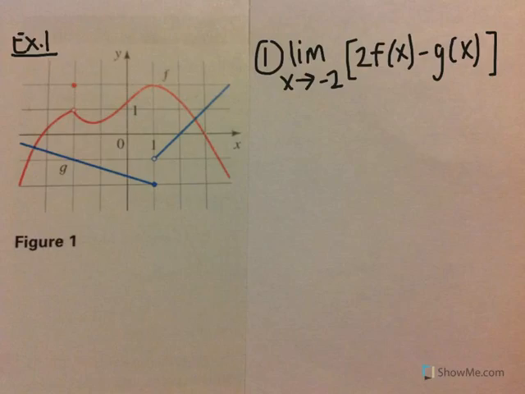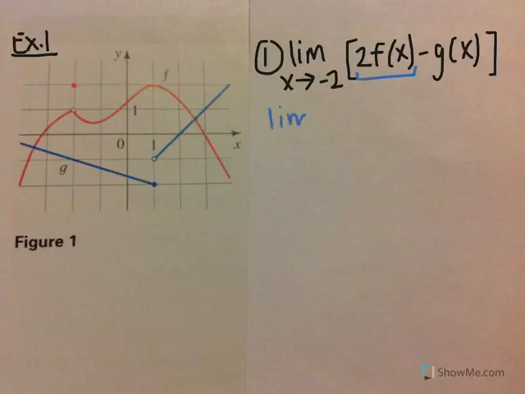So in this example, we're going to use the limit laws and this graph to help us evaluate each of these. So the first one is the limit as x approaches negative 2 of twice f of x minus g of x. So we're going to go ahead and simplify these a little bit. We're going to first do twice f of x right here.